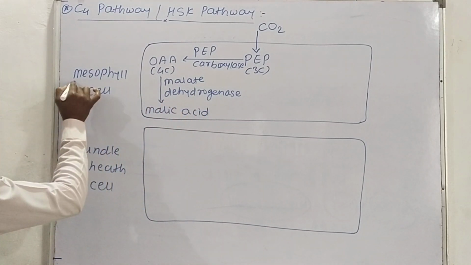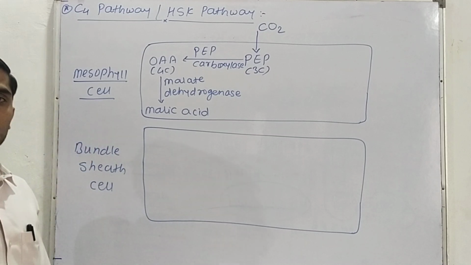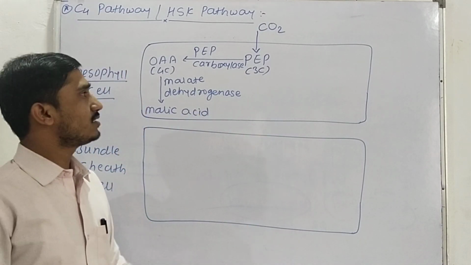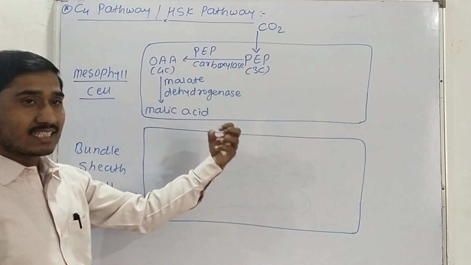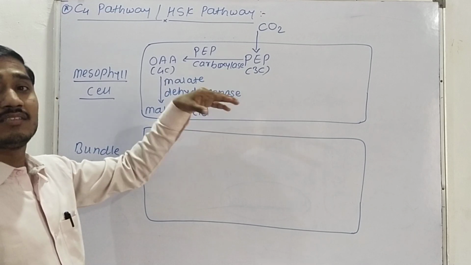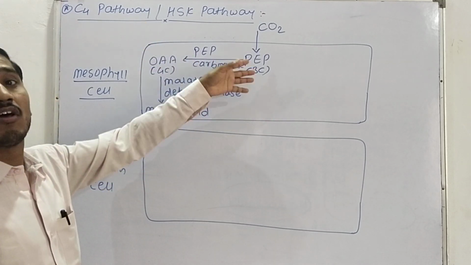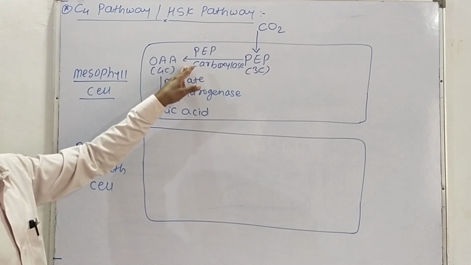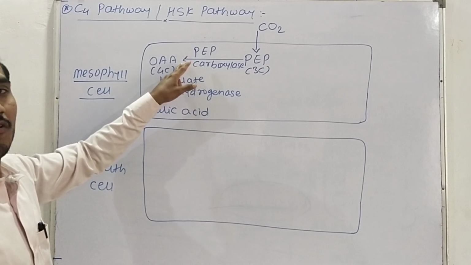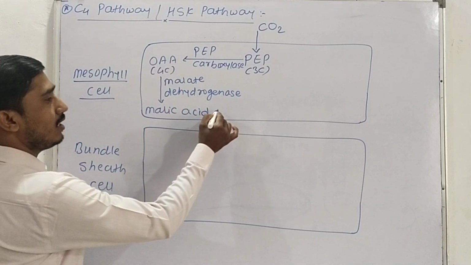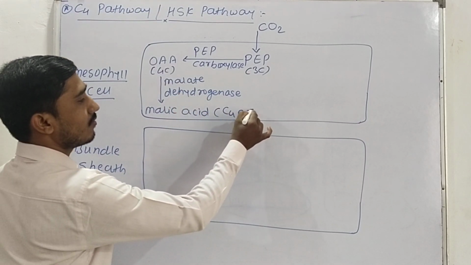This reaction takes place inside the mesophyll cell. So in Kranz anatomy, CO2 is accepted by PEP in the mesophyll cell, PEP carboxylase fixes this CO2 into oxaloacetic acid, and in the mesophyll cell oxaloacetic acid is converted into malic acid. We call it a C4 acid.